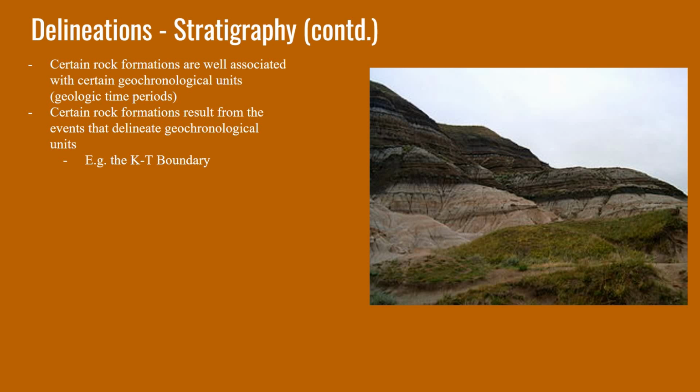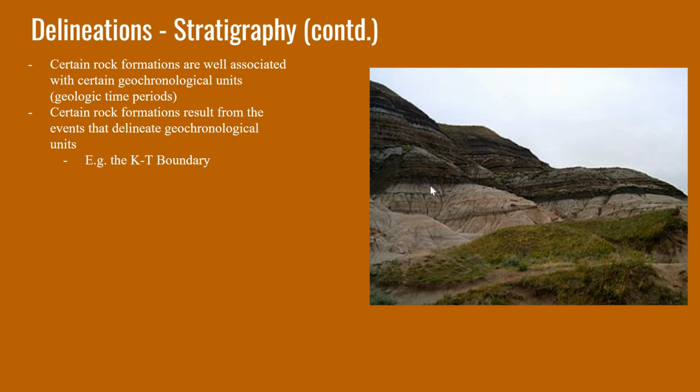A good example of this is rock layers that were formed by a geologic event that separated two spans of time on the time scale, such as this darker rock formation here, known as the KT boundary, which separates the Cretaceous, the end of the Mesozoic, the age of the dinosaurs, from the Paleogene or the Tertiary, which is the start of the Cenozoic.